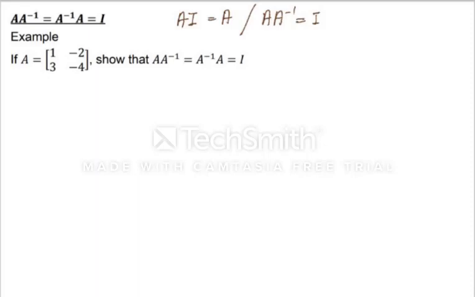So here's an example. We're told that A is the matrix 1, 3, minus 2, minus 4. We're to show that A times A inverse is equal to A inverse times A, which is equal to I. So let us find A inverse.